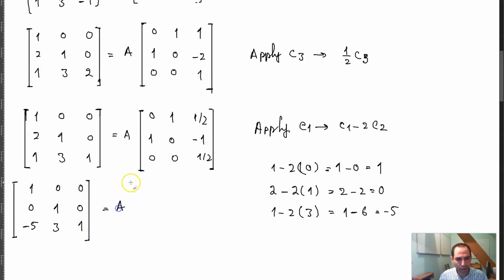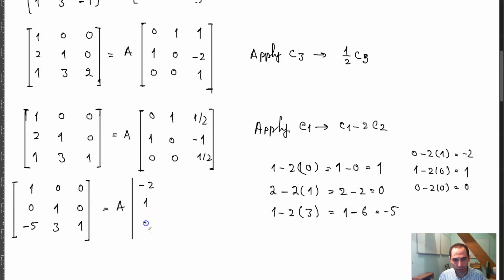and that is A times this matrix, which is, again, you have column 1 minus 2 times column 2, so 0 minus 2 times, for example, 1, which is equal to negative 2, 1 minus 2 times 0, which is equal to 1, and 0 minus 2 times 0, which is equal to 0. So you have negative 2, 1, and 0.